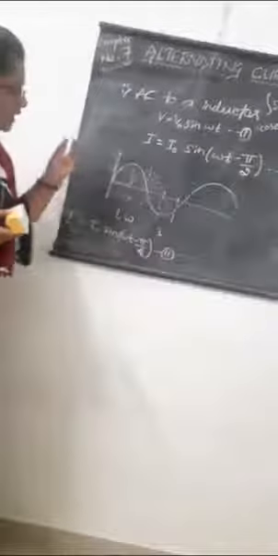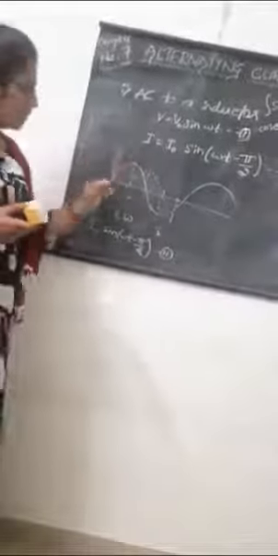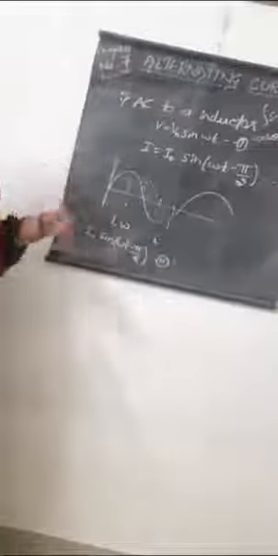And V is said to be leading. So V reaches the equilibrium points earlier than I, and I is just following V. So here I is lagging V, or also you can say V is leading I with the phase difference pi by 2.